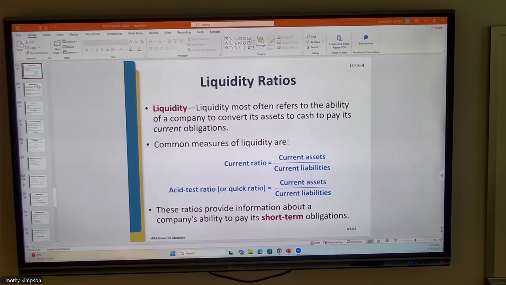But we want to talk about ratios, financial ratios, and both how we categorize them and how we use them. And the first category we want to talk about are liquidity ratios.